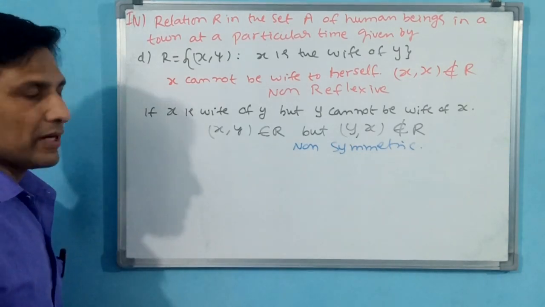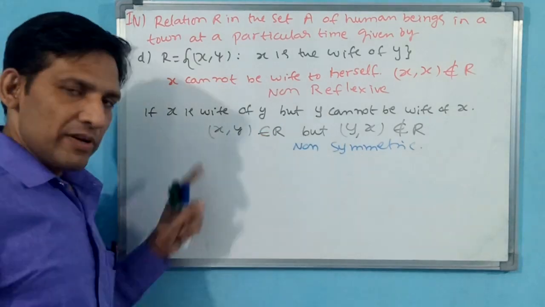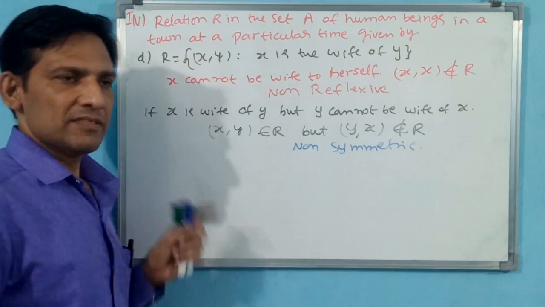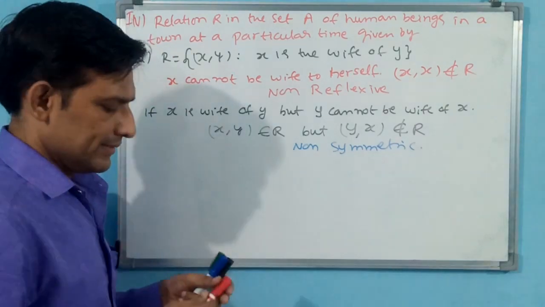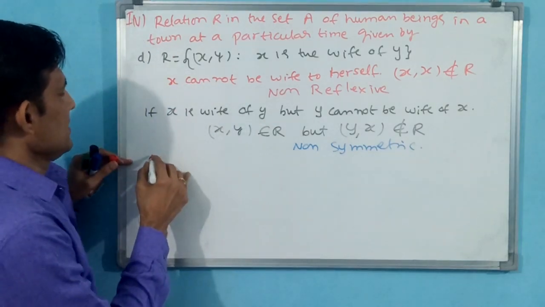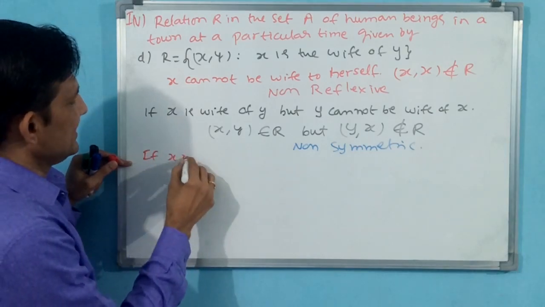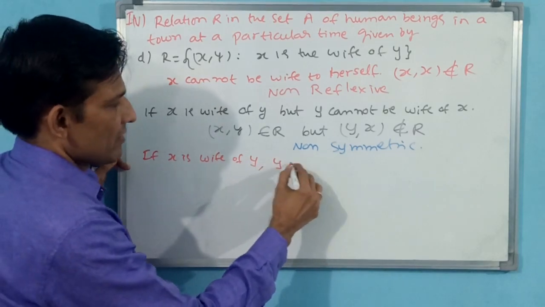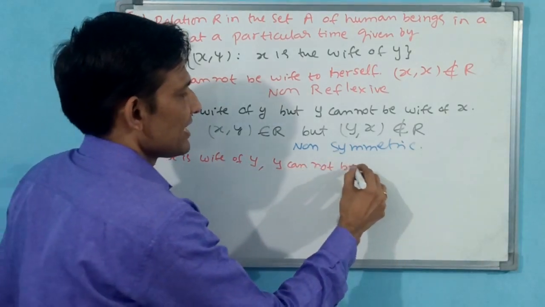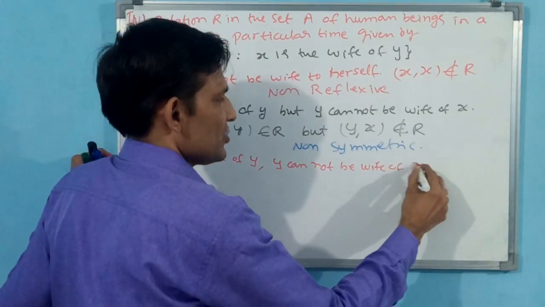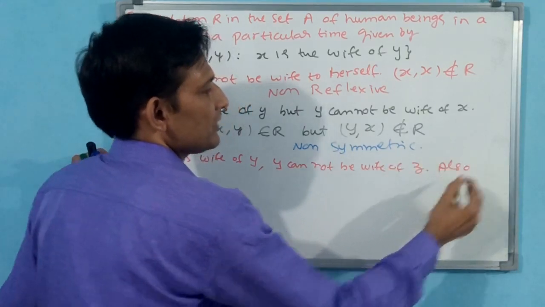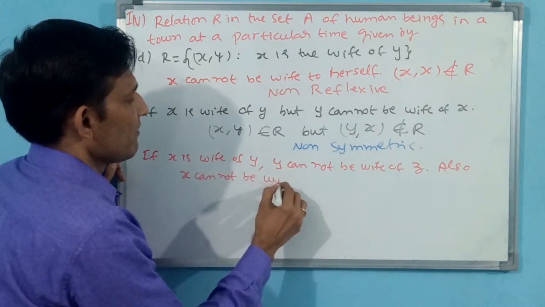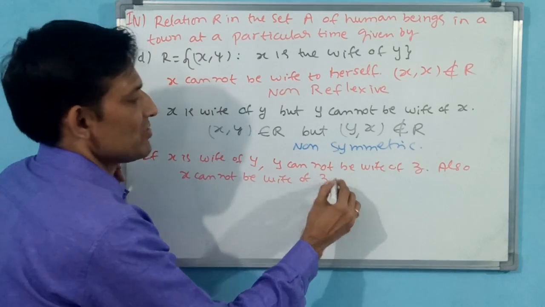Transitive, how it will become, I'll see. X is wife of y. Okay, y cannot be wife of z, and x cannot be wife of z. That is why this is not transitive also. But we will write. How to write? You see, if x is wife of y, y cannot be wife of z, and also x cannot be wife of z.